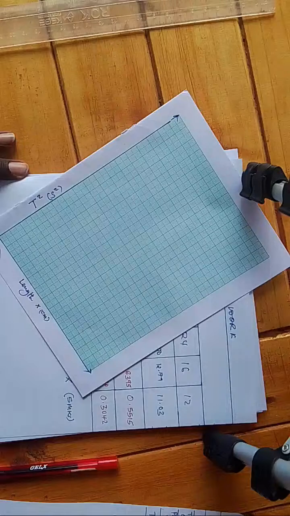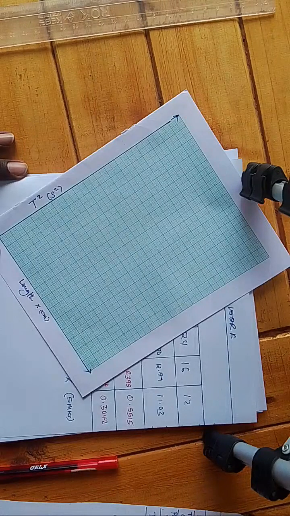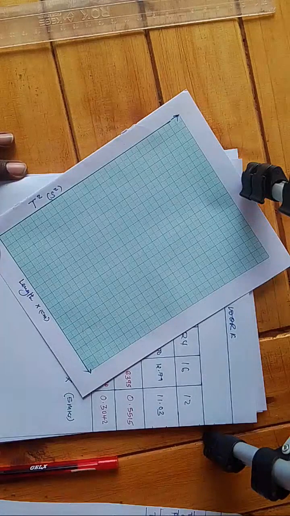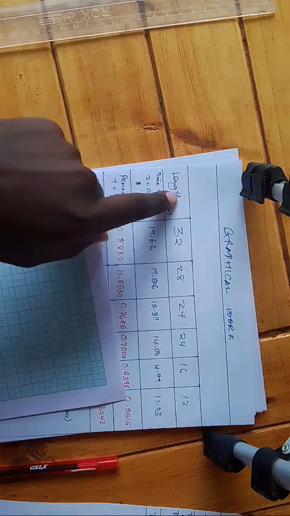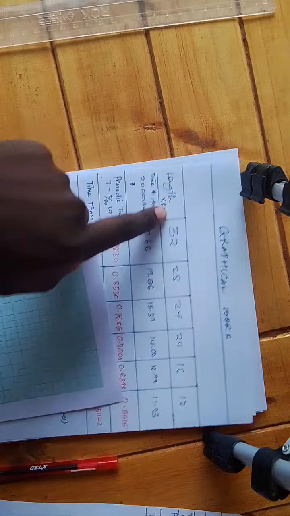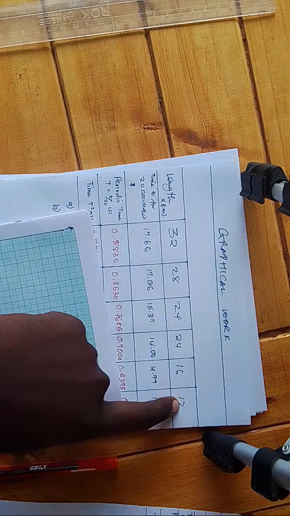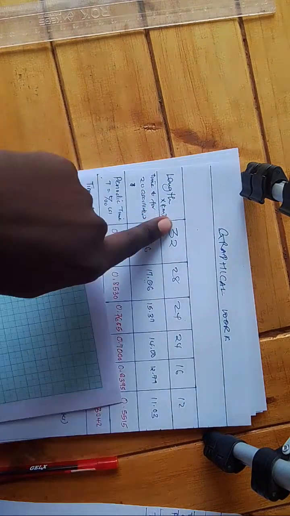Now, from this place, you choose a suitable scale that can accommodate all the values. On the x-axis, we are having values reading from 12 up to 32.